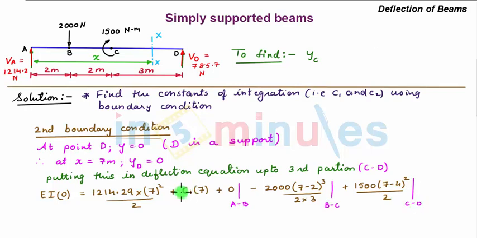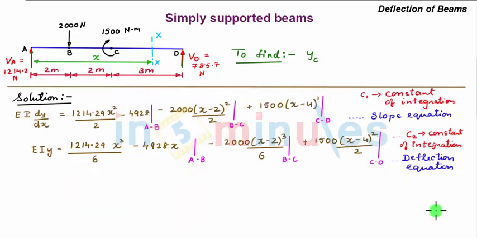In this equation we see the only unknown is C1, so upon calculation we get the value of C1 equal to minus 4928. Now substituting the value of constants of integration and rewriting the slope and deflection equation. So we rewrite the slope and deflection equation with the values of constants and your support reaction VA.